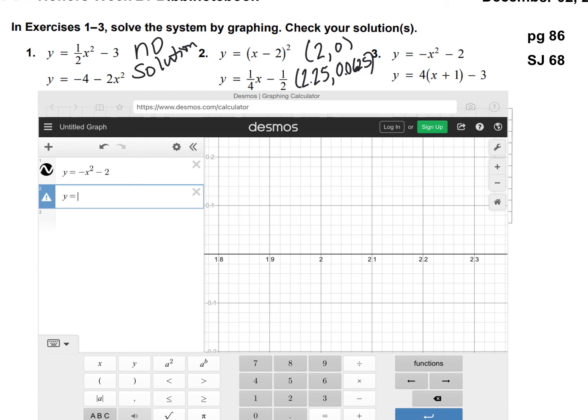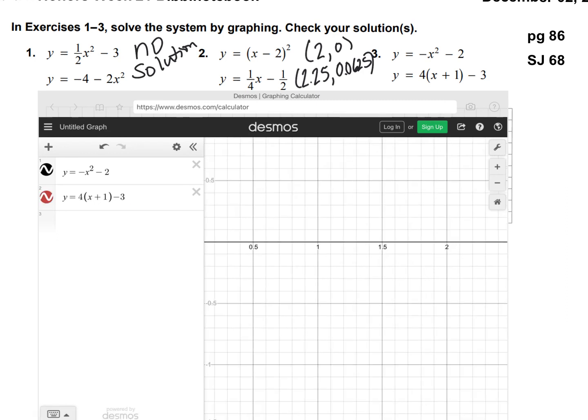Y equals 4 times x plus 1 minus 3. Okay, I think I have it zoomed in too far for us to see.